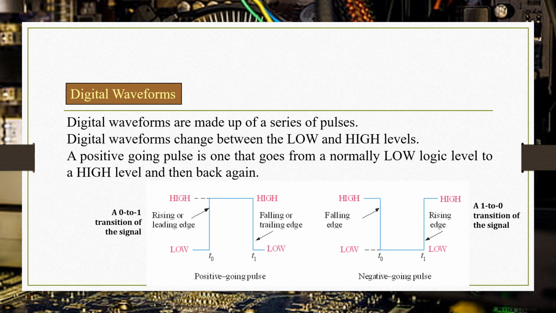The transition from the low level to high, that edge can be called as rising edge or the leading edge, and the transition from 1 to 0 of the signal can be called as falling edge or the trailing edge. Similarly, a negative going pulse is the one that goes from a normally high logic level to low logic level and from the low level back to high. So that is the negative going pulse.